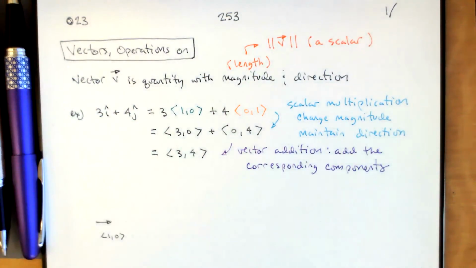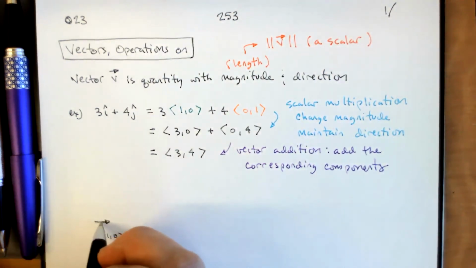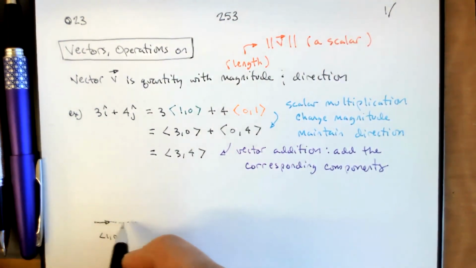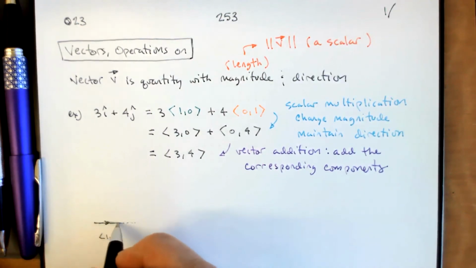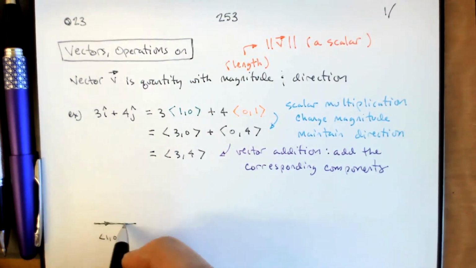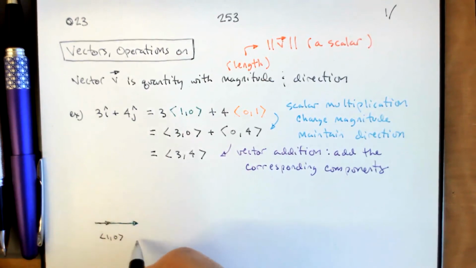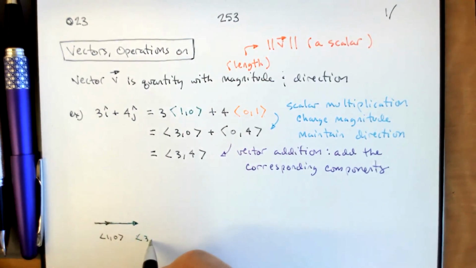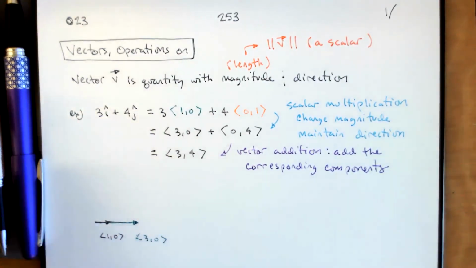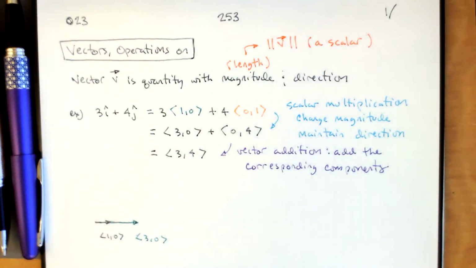When we multiply by 3, we just keep the direction and make it longer. It's been scaled up.